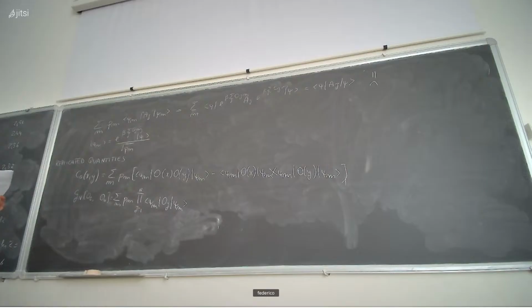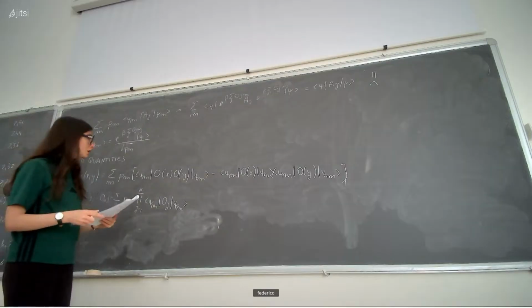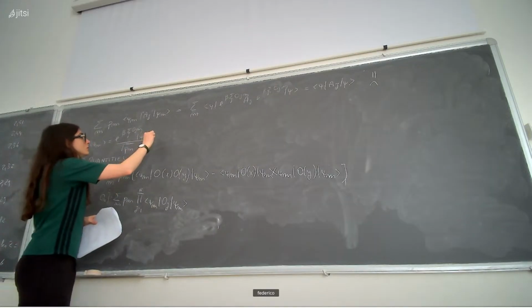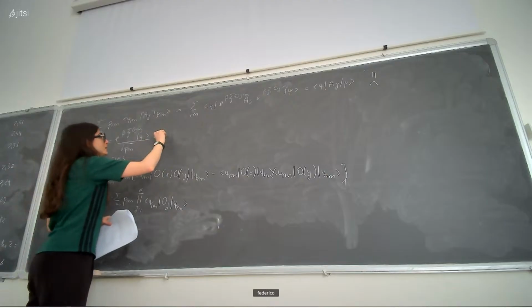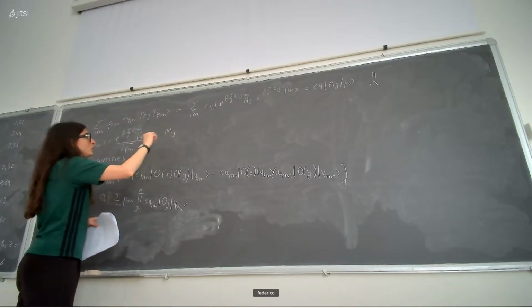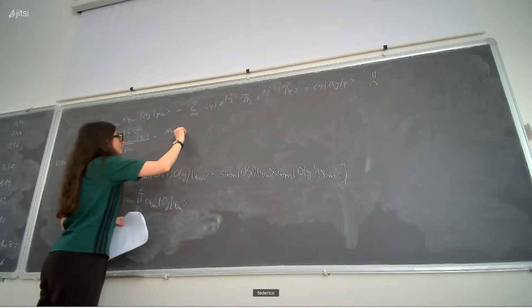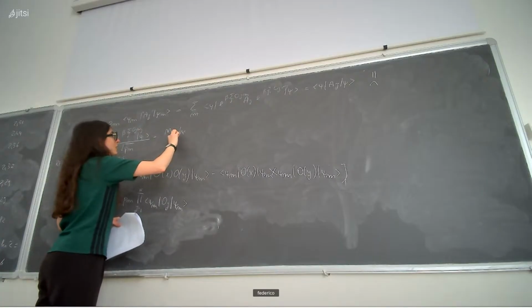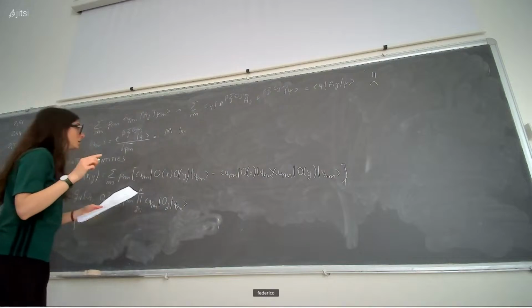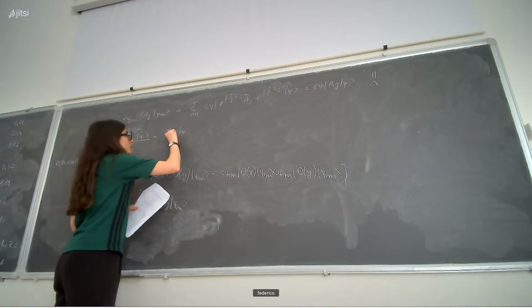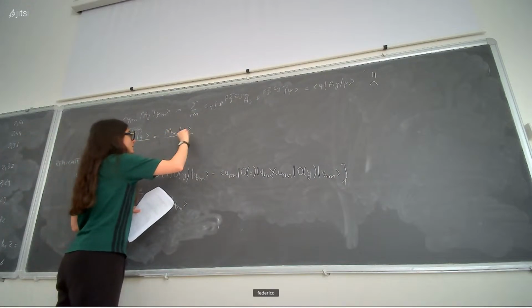Okay, so how can we rewrite it? Now, for simplicity, just writing this as Mj, where Mj is the measurement operator, depending on the measurement outcome, acting on psi, divided by Pm.